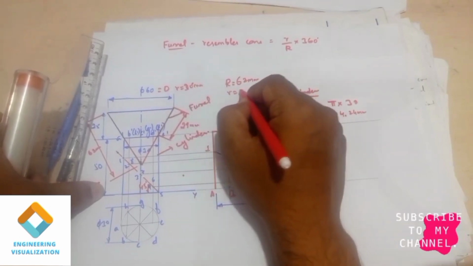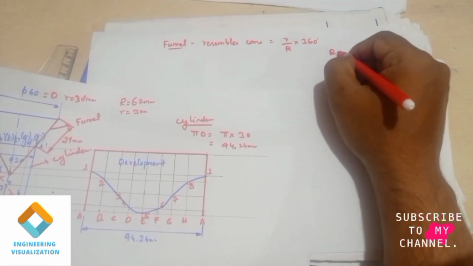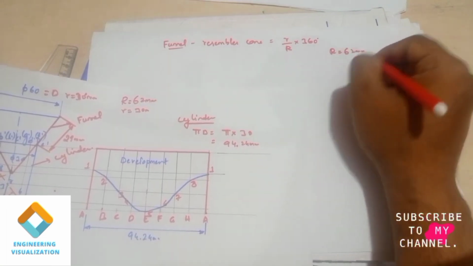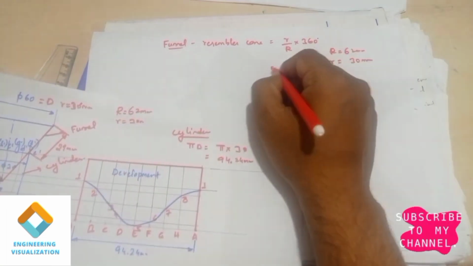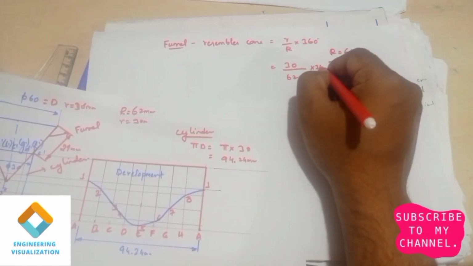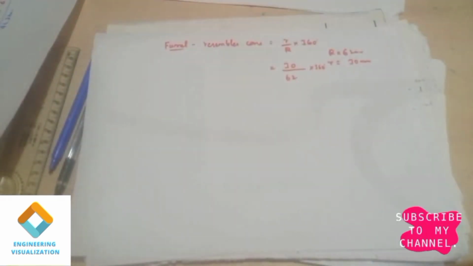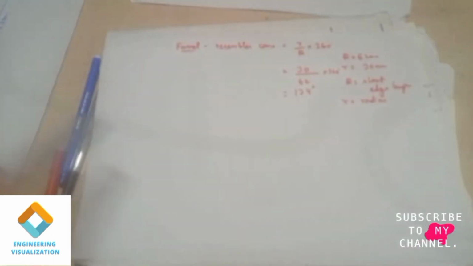We need to use this formula in the construction of the funnel, that is small r by capital R into 360. Capital R is your slanted edge length, small r is your radius. Substituting the values, and then the angle we calculate using the calculator. Here the angle we are getting is 174 degrees.